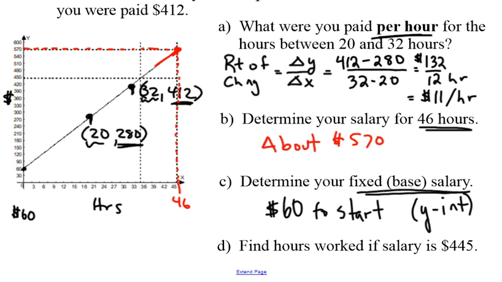Well, again, here's 445 on the grid for money made. So now I can go over to my line. There it is. And go down. And that tells me how many hours did you work? Looks like a little under. We're not sure exactly because it's not a specific scale. So I would say about 35 hours.